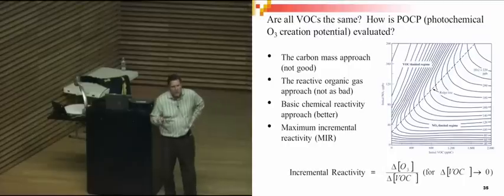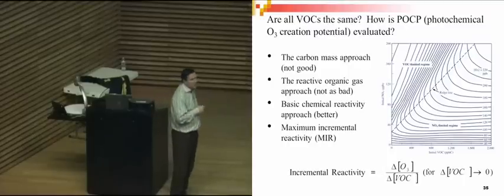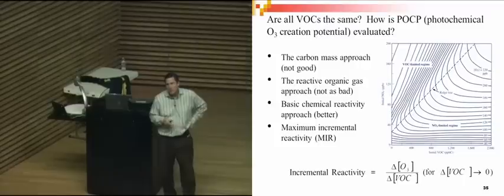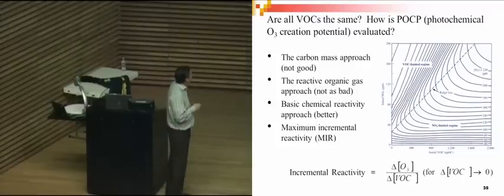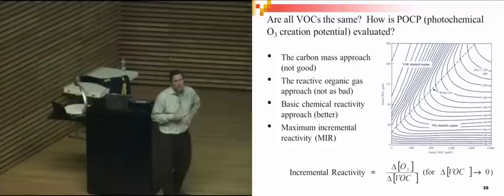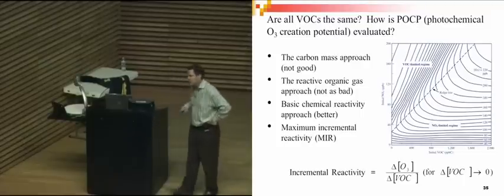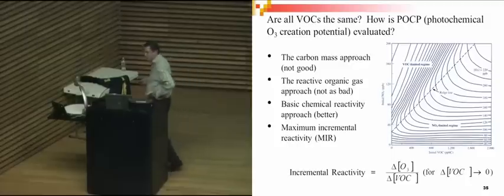The California Air Quality Board uses these values to look at emissions of specific VOCs. So by using these maximum incremental reactivity numbers, we can get a much more accurate feel for ozone production for a given VOC emission.